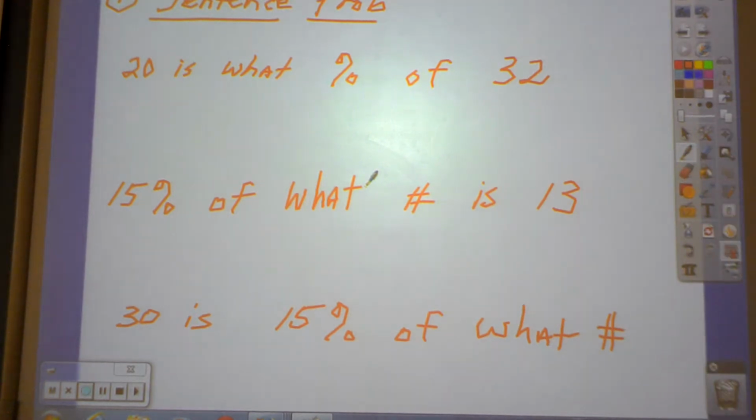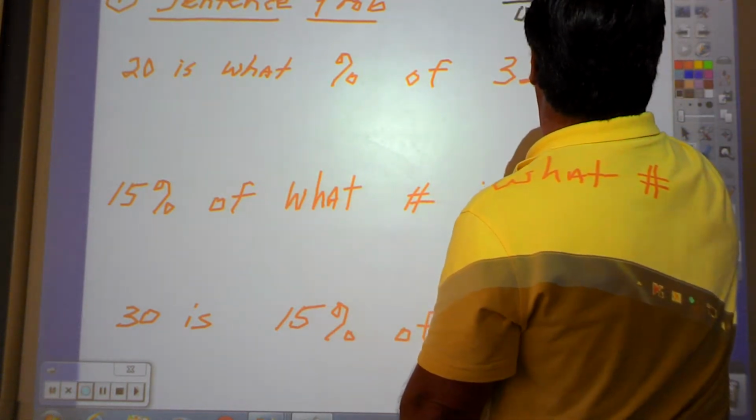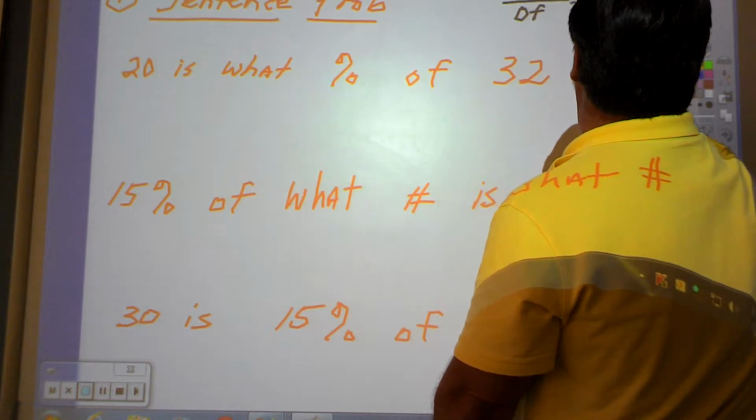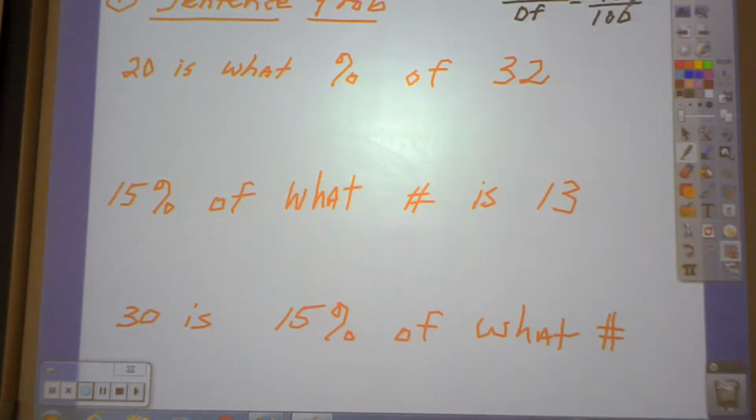Now, each one of these is going to be done by this. Is of equals percent over 100.